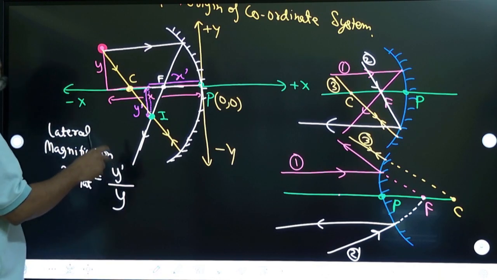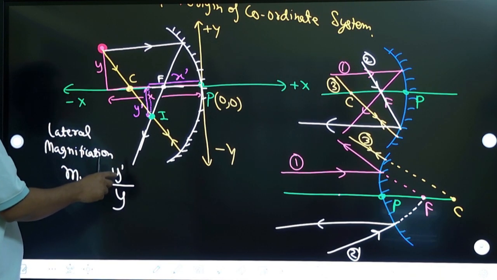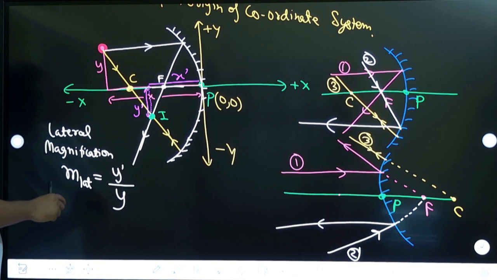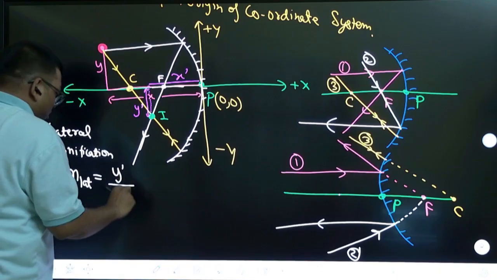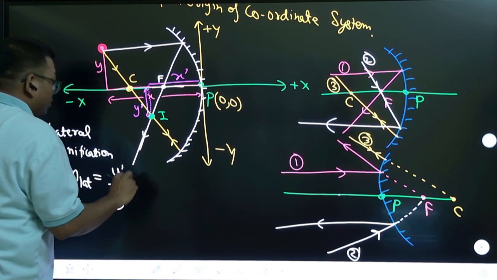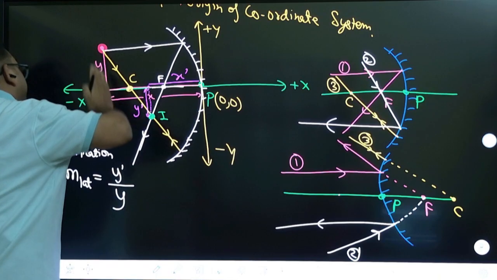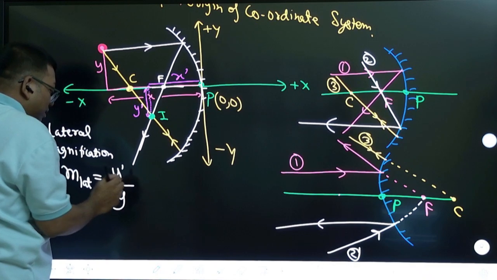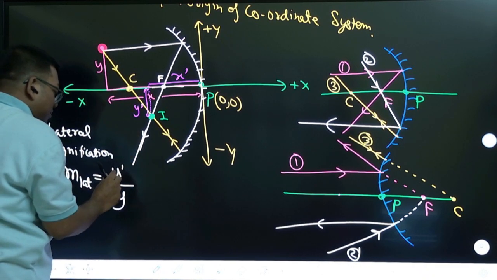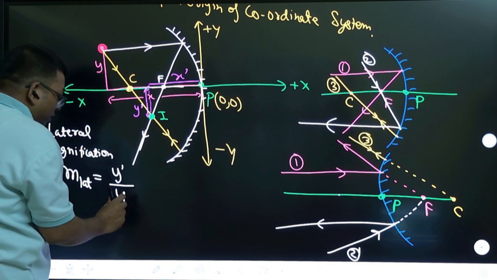Now, if I want to put a sign convention, this is representing the height of the image, and this is representing the height of the object. Height of the object is positive above, and height of the image is negative. So if I write the sign convention, I have to write y dash with minus and y with plus.